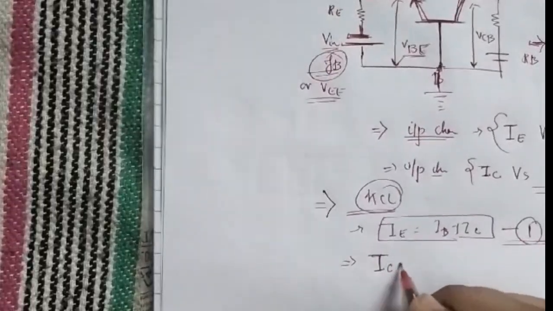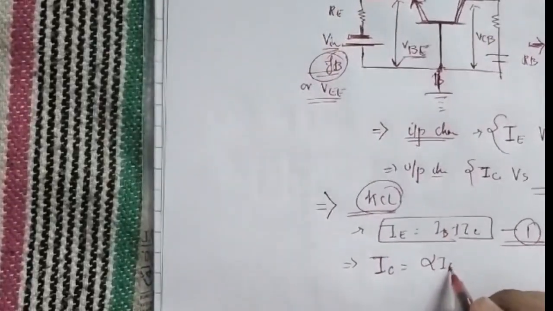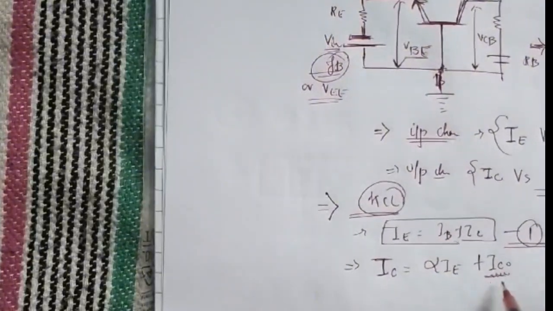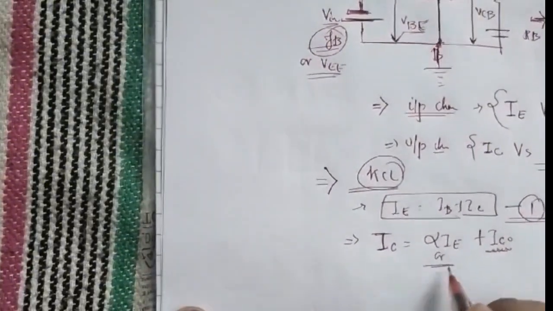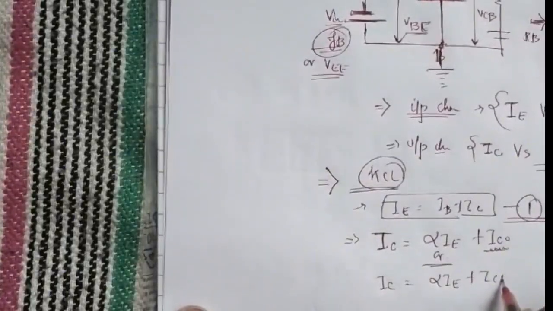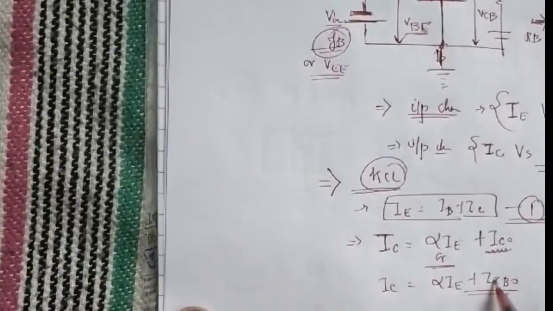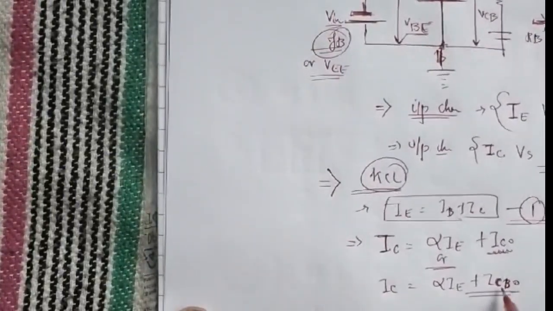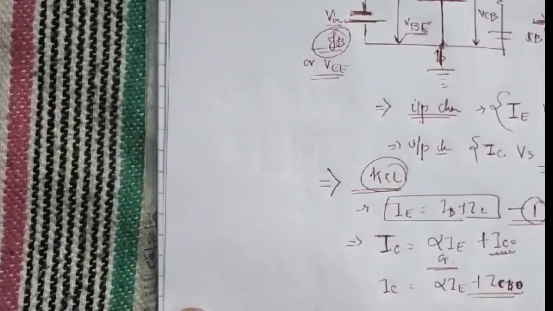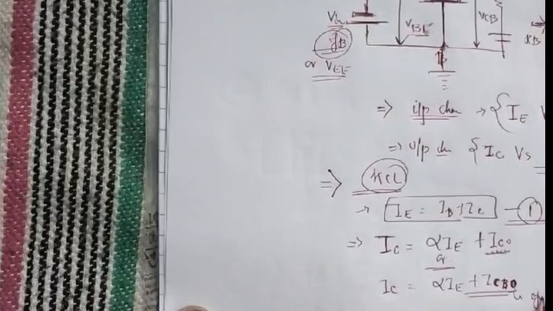We also know that collector current is alpha times emitter current plus ICO, or IC is equal to alpha times IE plus ICBO. Here ICBO indicates that this is C, common base, and this is open circuit. This O indicates open circuit.